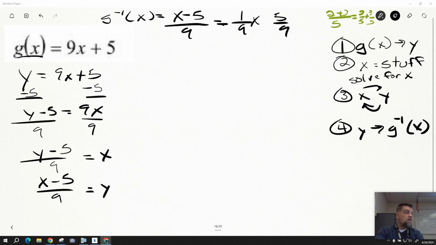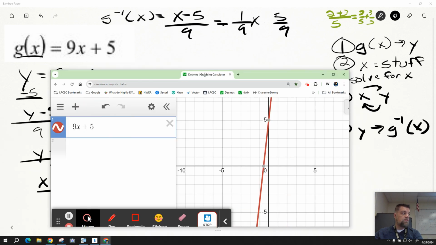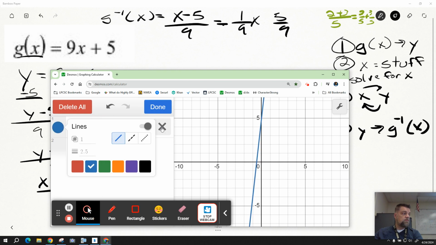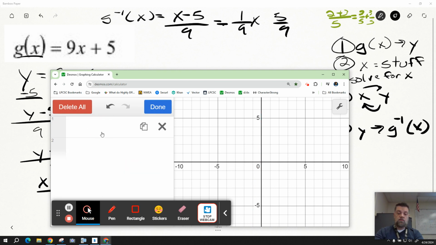Okay, we're almost done. We're going to say 9x plus 5, and that's going to be blue. Let me show you what I'm doing here. I'll change that to blue.